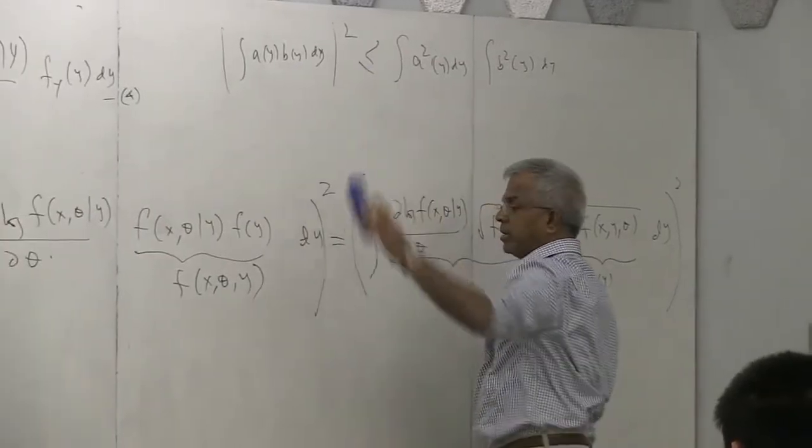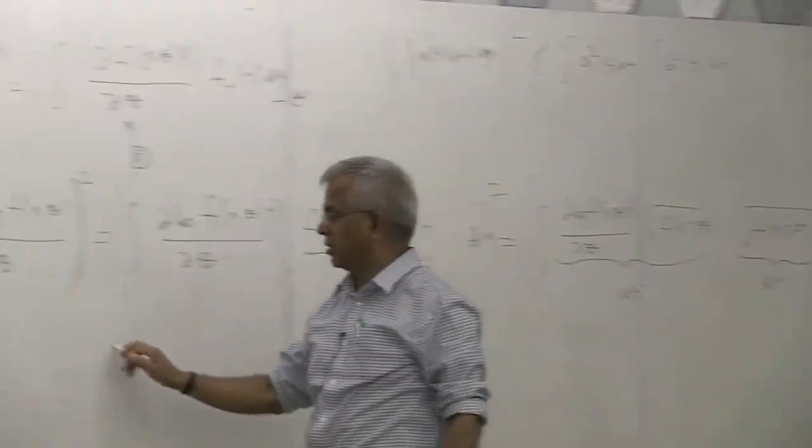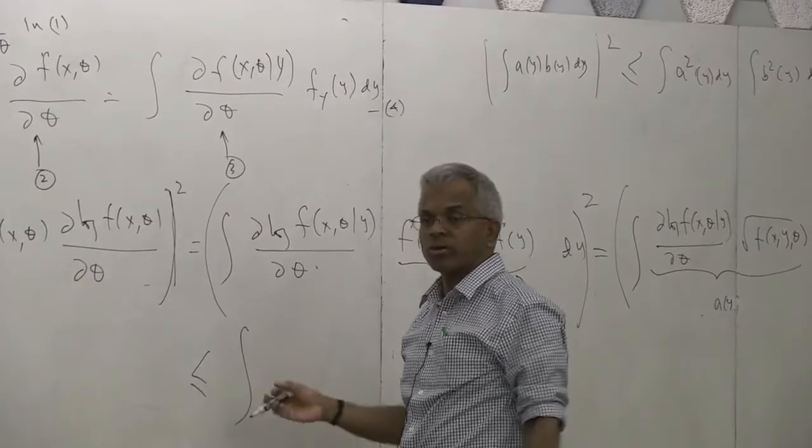Squaring a(y) b(y) is going to be less than or equal to integral square of the first function.